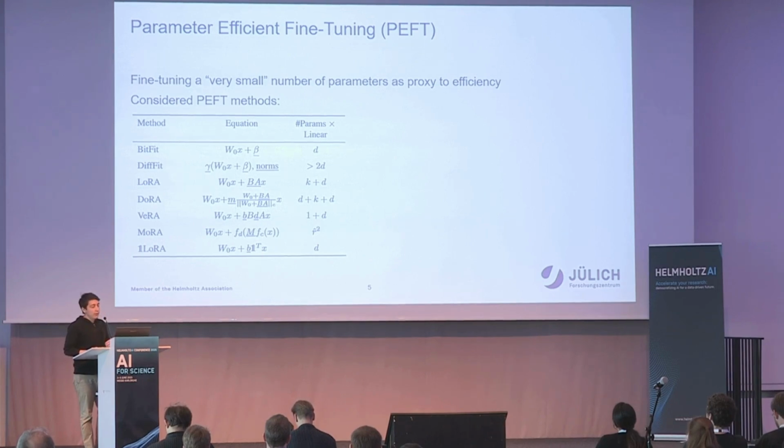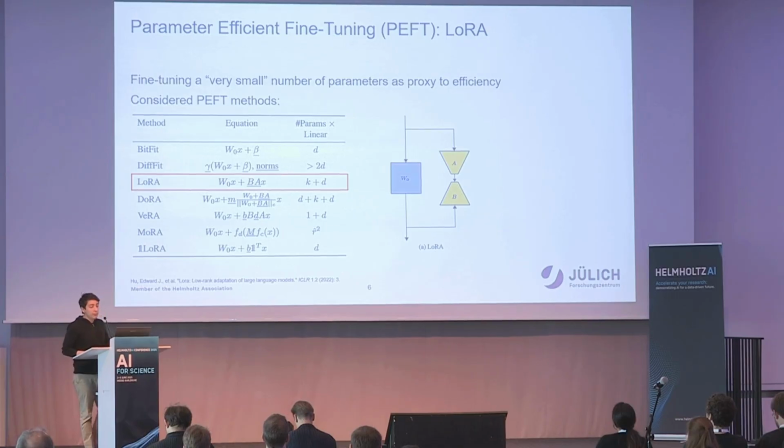As a reference we will see LoRA, low rank adaptation. You have a pre-trained matrix, the W0 matrix, which is blue because it's frozen. It's not specified, but blue in this case means frozen, and yellow means fine-tunable.